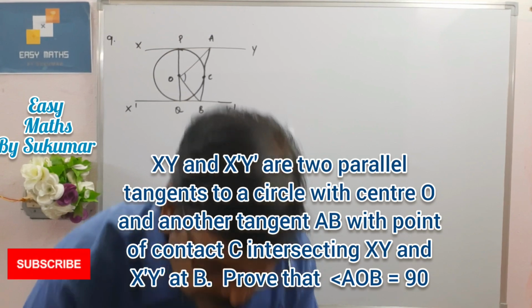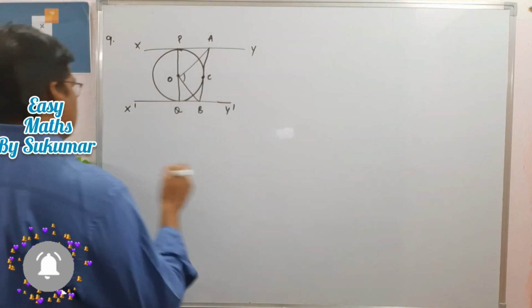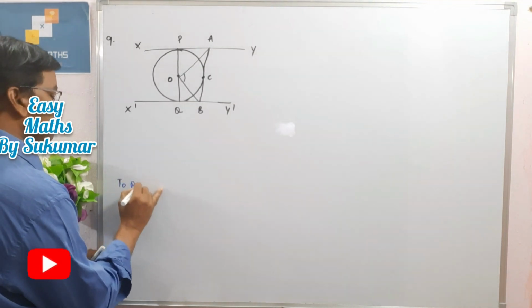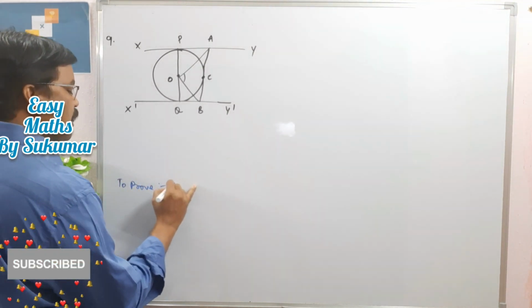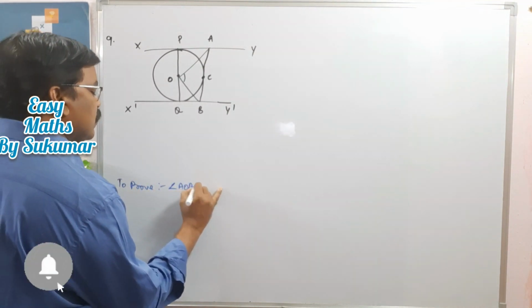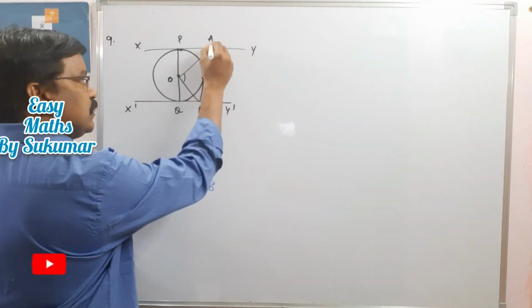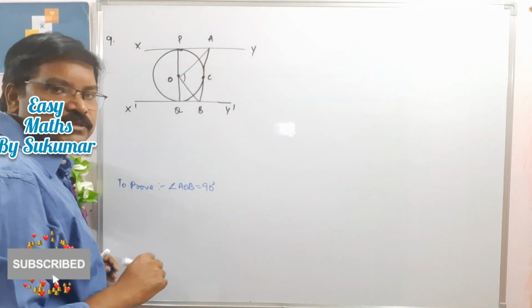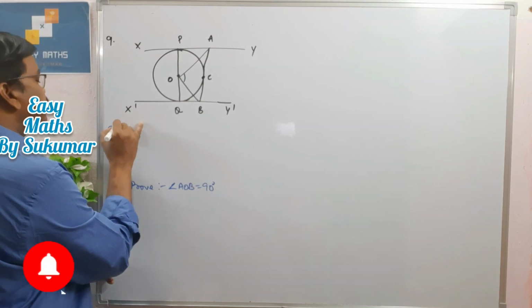See my dear students, to prove angle AOB is equal to 90 degrees, see what is given here.